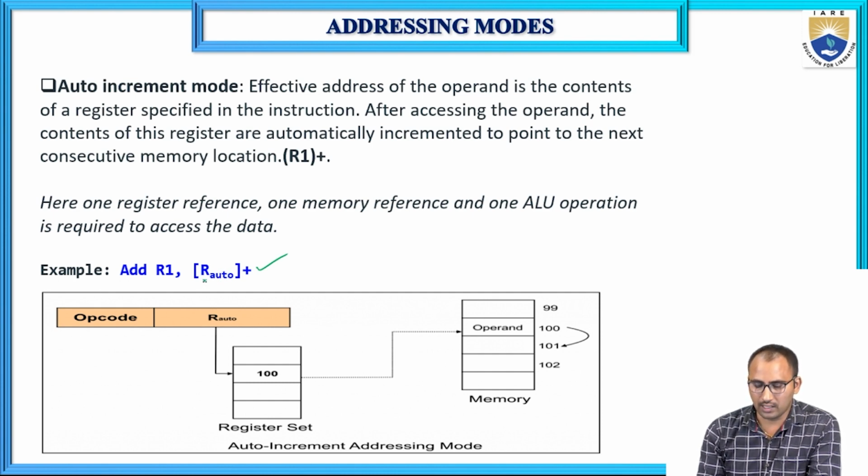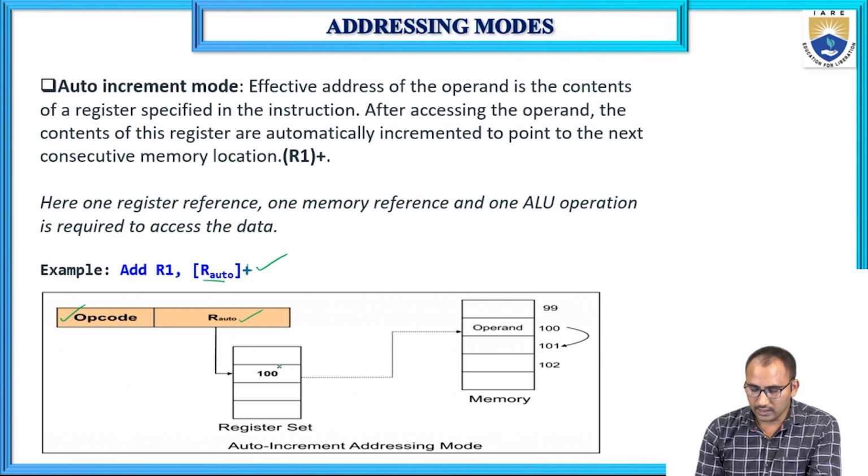We have assumed another register, called the auto register, and here we specify a plus symbol, which specifies auto increment. You can understand with the diagram: this is the opcode and this is the register, and the effective address of the operand is the contents of the specified register.